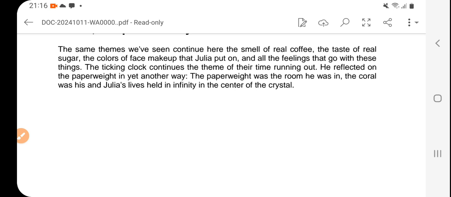The ticking clock continues the theme of their time running out, and he reflected on the paperweight in yet another way. The paperweight was the room he was in, the coral was his and Julia's lives held in infinity in the center of the crystal.